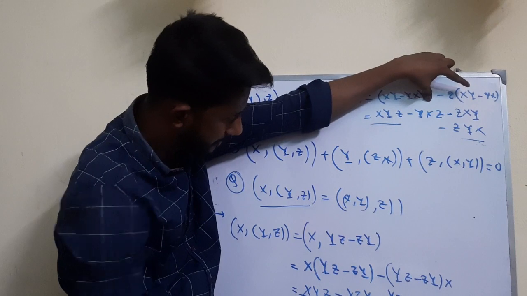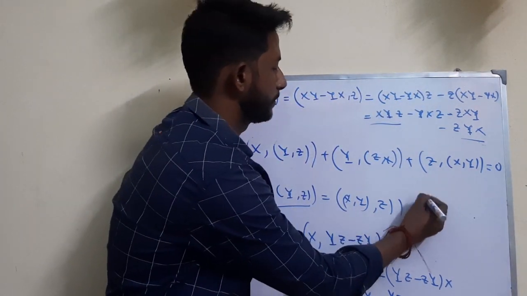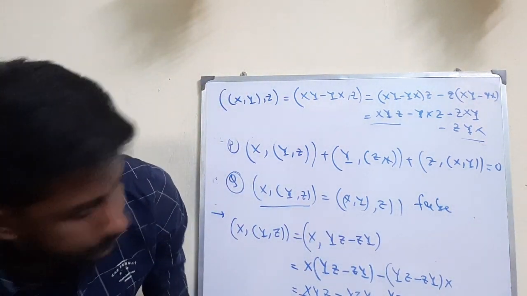There is no yzx. The zyx terms are the same, but there is no yxz as well. So I can say that this is false. So Q is false.